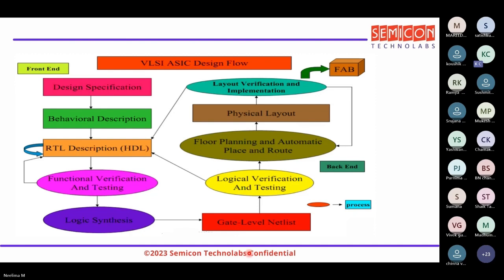The back-end steps are from the gate level netlist, followed by logical verification and testing, floor planning and automatic place and route, physical layout, layout verification and implementation. This is all about back end. From here we go to fabrication, that is fab. We are just trying to highlight the different terminologies we generally use in VLSI.